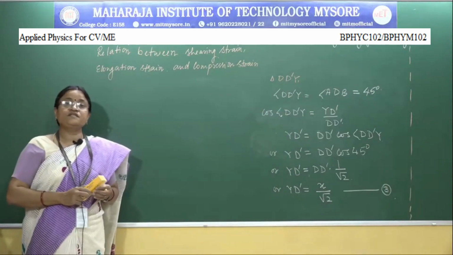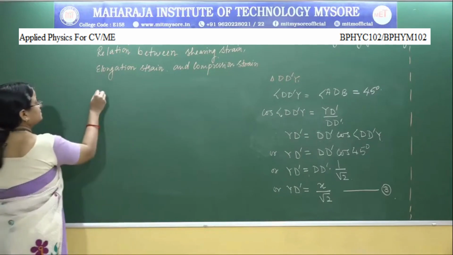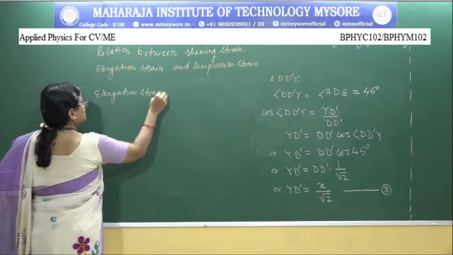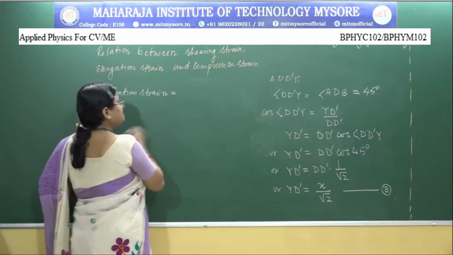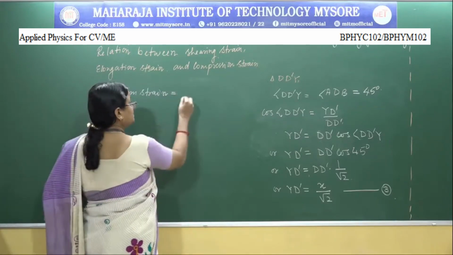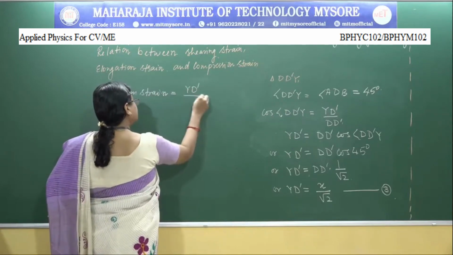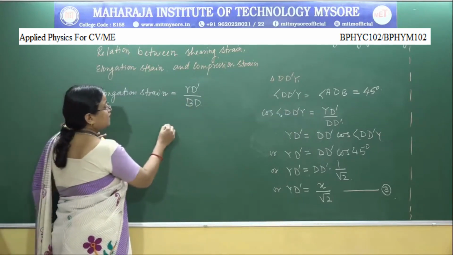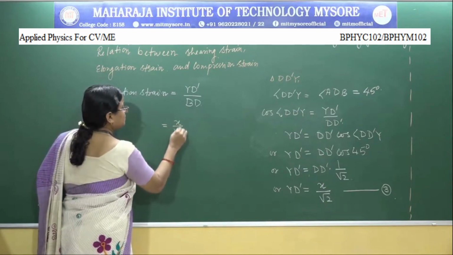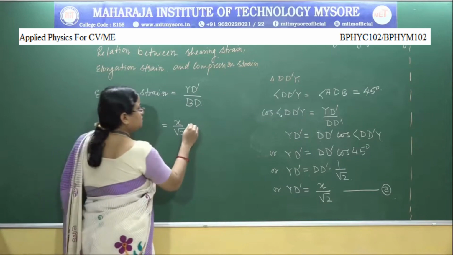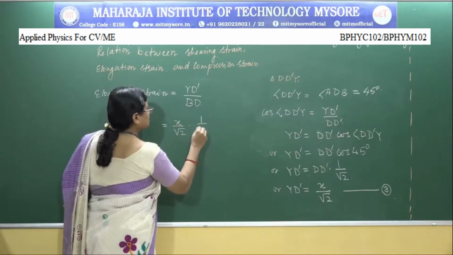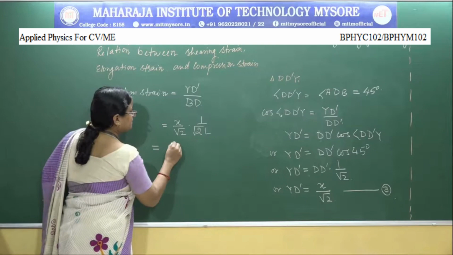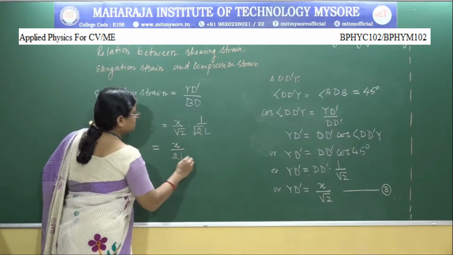Now if we consider the previous equation of elongation strain, which we wrote as change by original, that is YD dash by BD. So we get YD dash is equal to x by root 2, and BD is the diagonal, which we found the length of to be root 2 L. So the final equation is x by 2L.